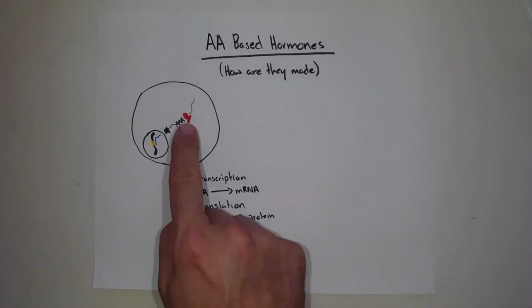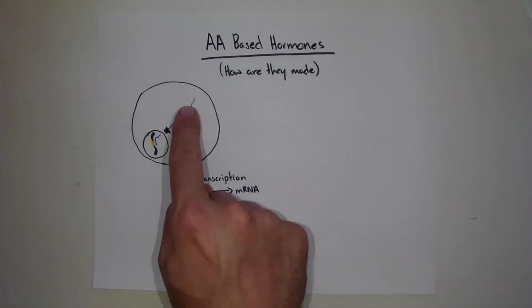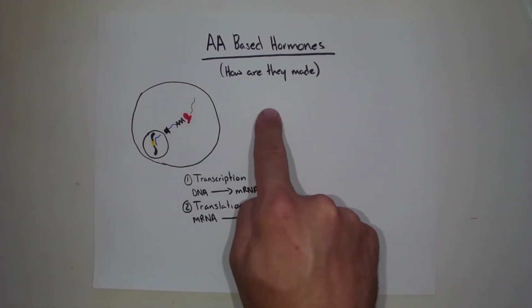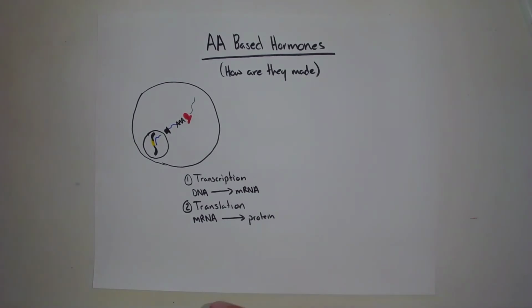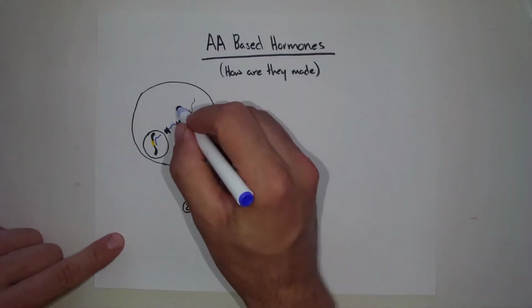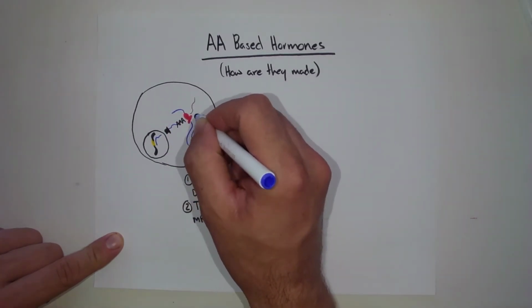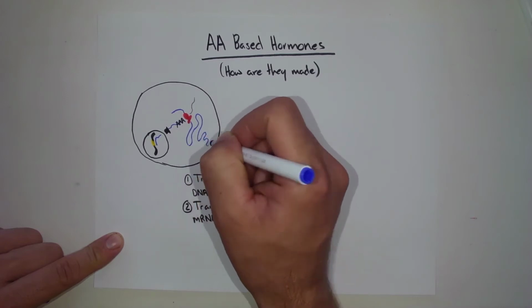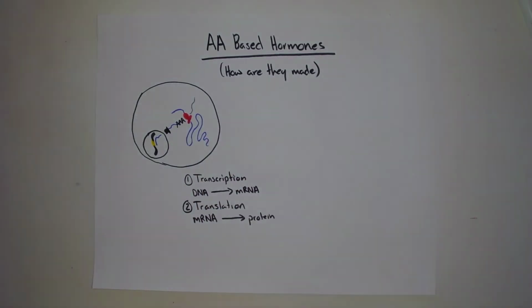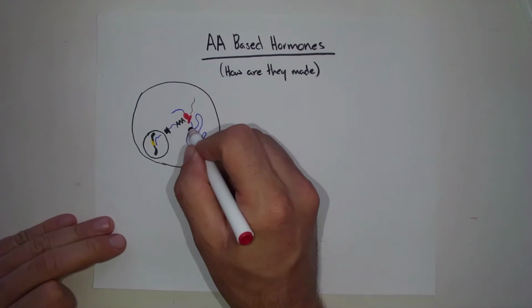Now, this ribosome, because this protein is destined for export from the cell, we find that ribosome on the rough ER. The rough ER is studded with ribosomes.